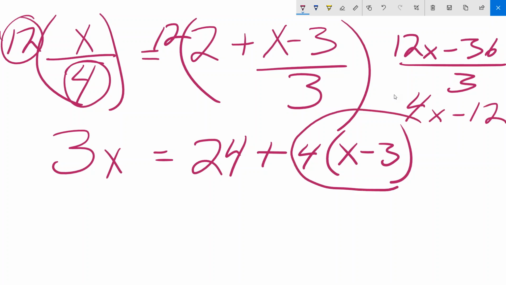So that's what that's going to turn into, 4x minus 12. The advantage in simplifying the numerator and denominator first is that it makes you work with smaller numbers. The way I did it, I got directly to that. I never had to work with a number as big as 36.